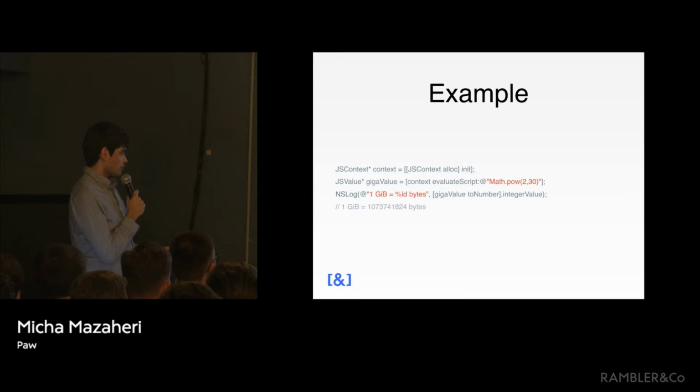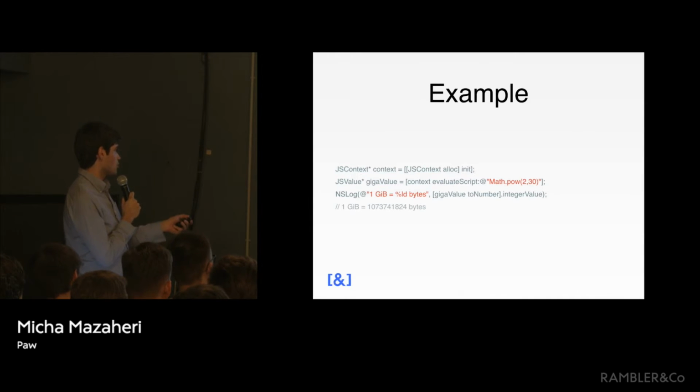After that, we can easily convert this value to a number. We'll get an NSNumber, and then simply get an integer for it. And we see the result here. In my example, 2 power 30 is the equivalent of 1 gigabyte. And we've just run that math operation in JavaScript from inside the native code.